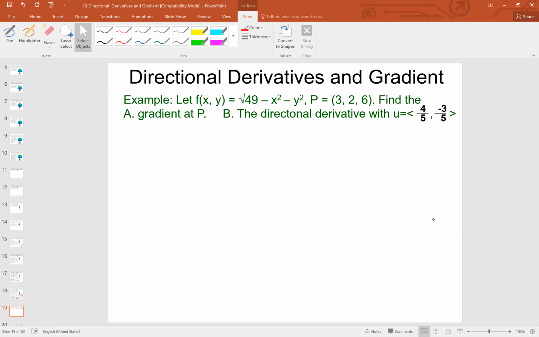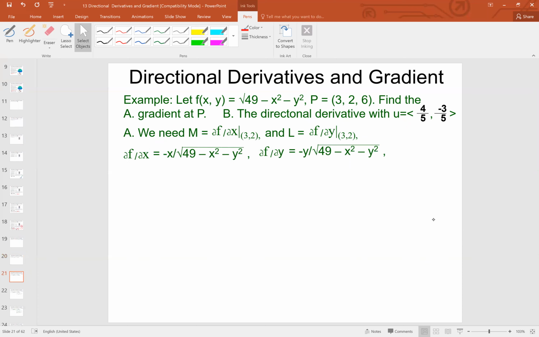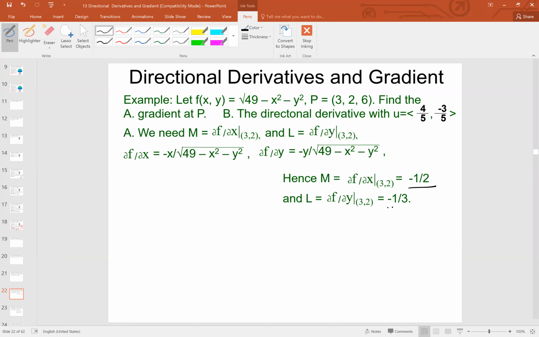And here's the calculation. Again, we use a sphere, which is easy to do. Let me calculate through and show the calculation, then we will draw it out. This is a sphere of radius 7, and this is the partial with respect to x and y. So the gradient has m equal to this and l equal to that.